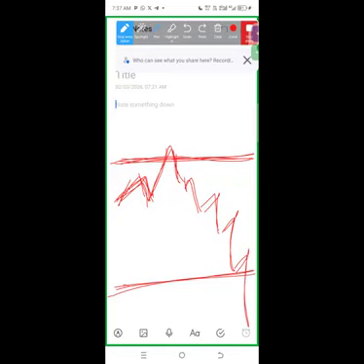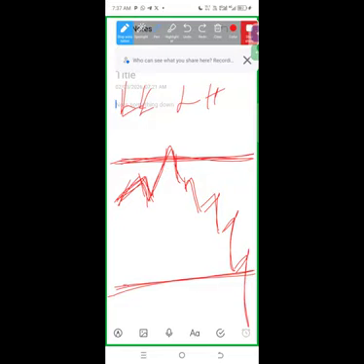So when we talk of a downtrend, we mean a trend that consistently forms a low that is lower than the previous low. So it forms a lower low and a lower high. A lower low and a lower high.